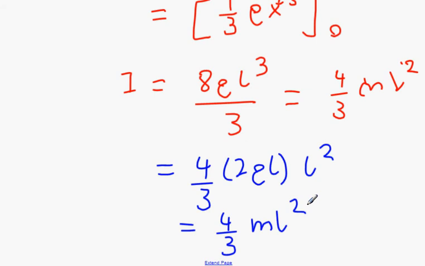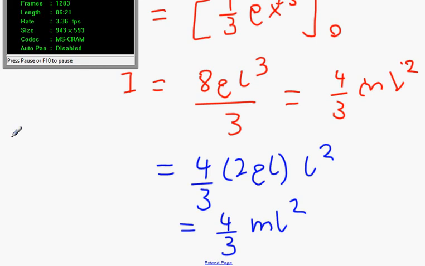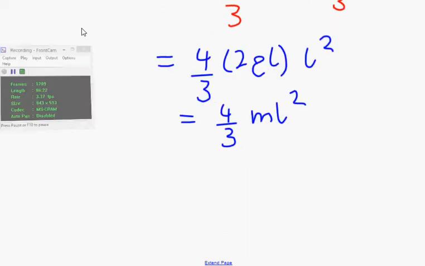The next one I'm going to try is question 3. Are we happy with that? Any questions? The next thing we're asked in part 2 is to find the radius of gyration.